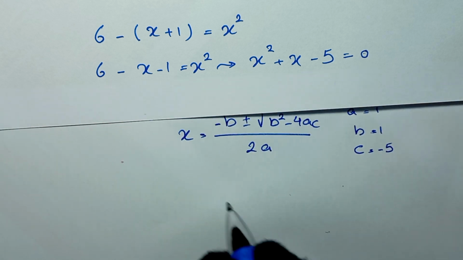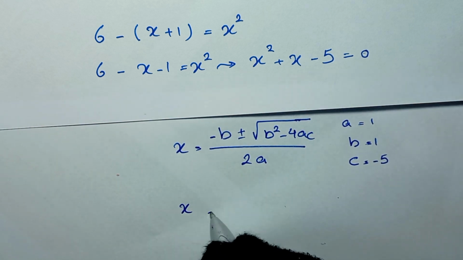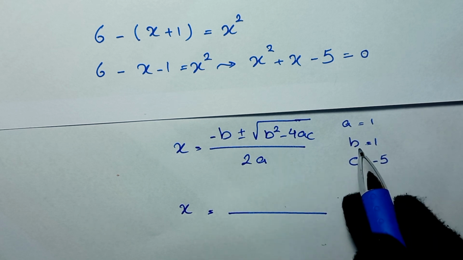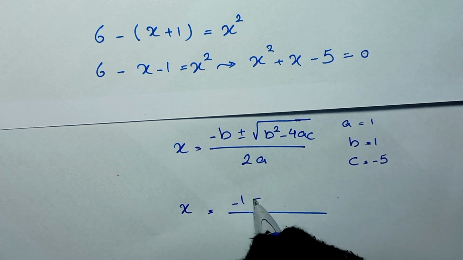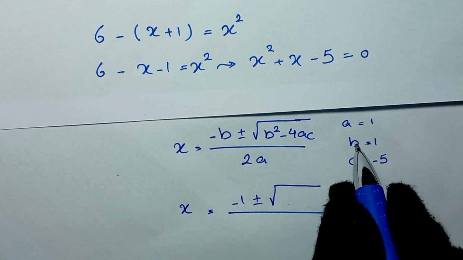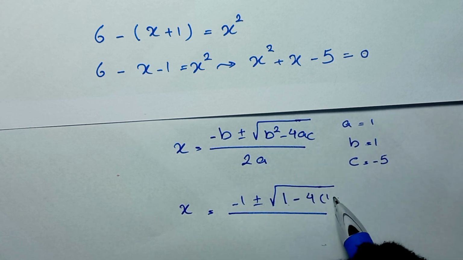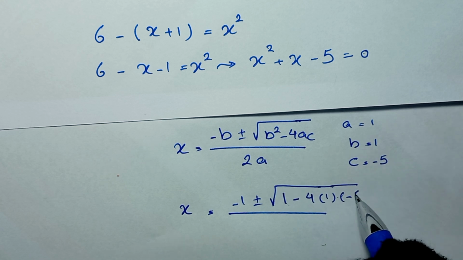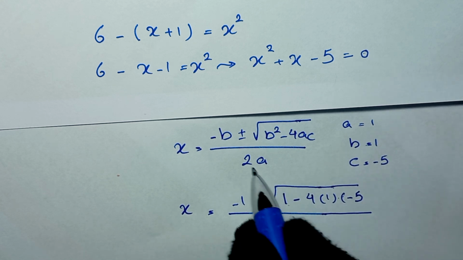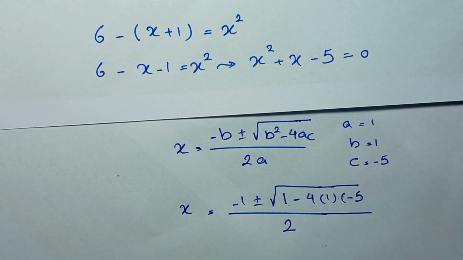So x is equal to negative b, negative 1, plus or minus square root of b squared, 1 squared is 1, minus 4 times a, which is 1, times negative 5, over 2a, which is 2.